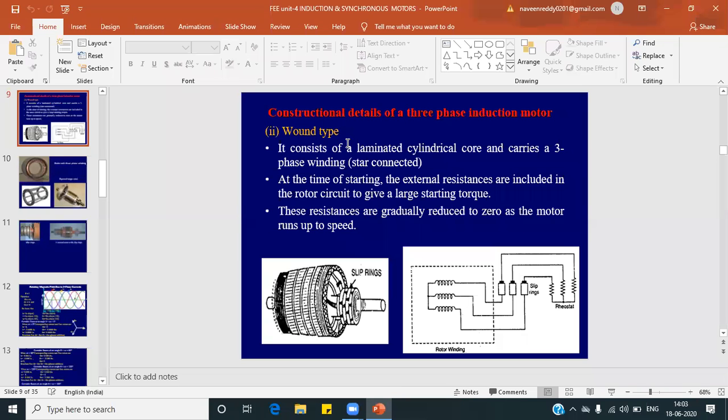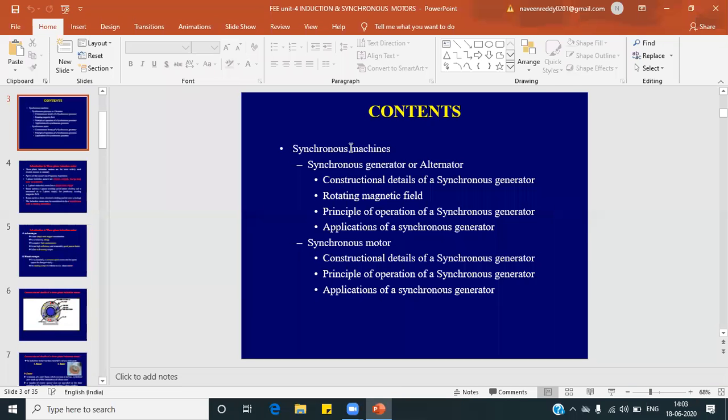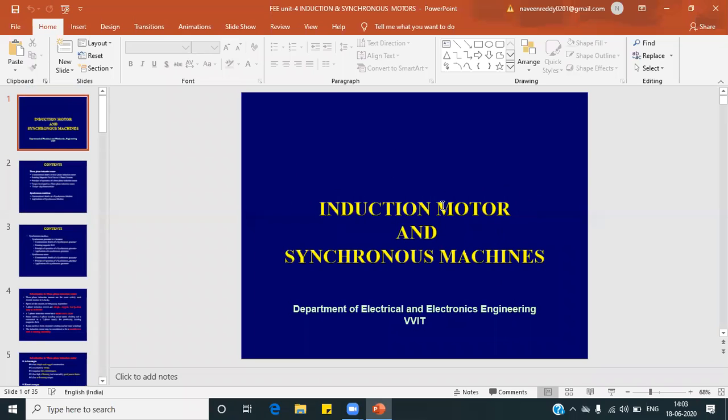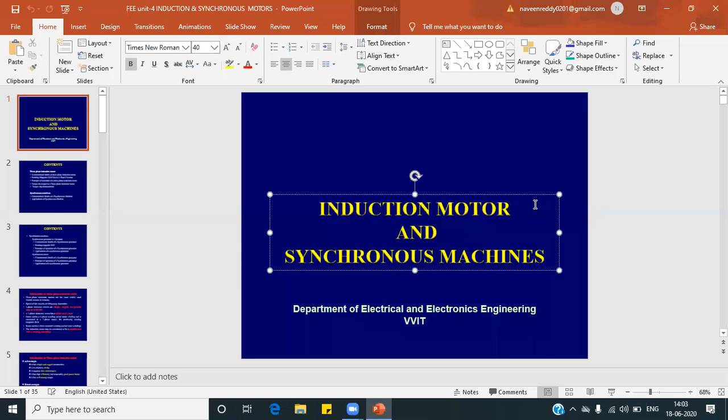Just a quick recap I will give you. We are discussing the induction motor. I said the fifth unit consists of both induction motor and synchronous machine. At this instant itself, I said induction motor is also known as asynchronous machine.